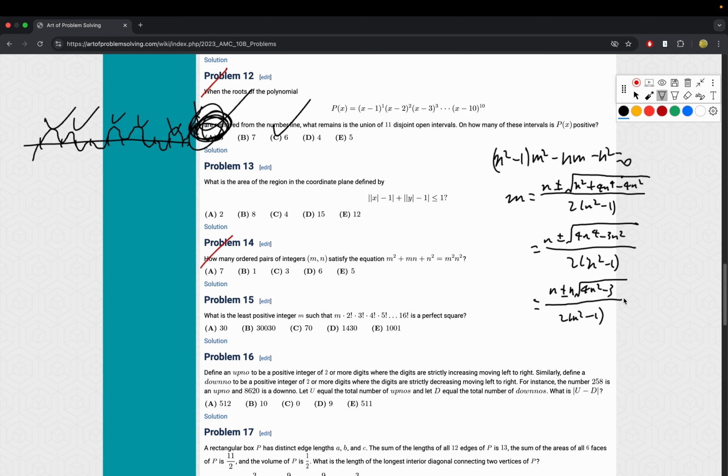How should we solve it? First of all, 4n squared minus 3 should be an integer. Wait, is this the right way of solving it? I'm not sure.